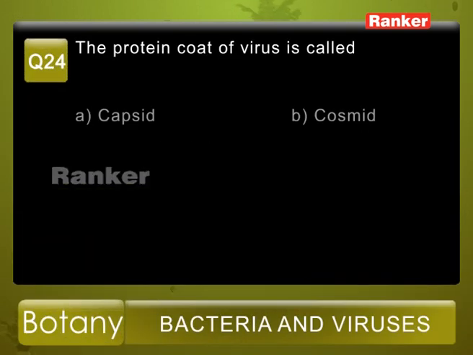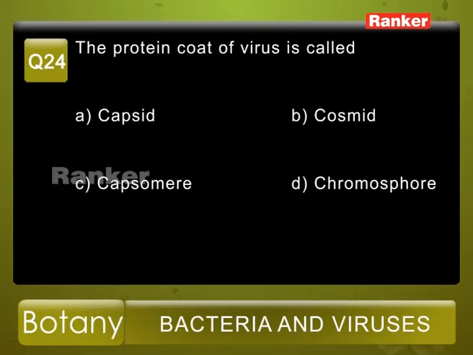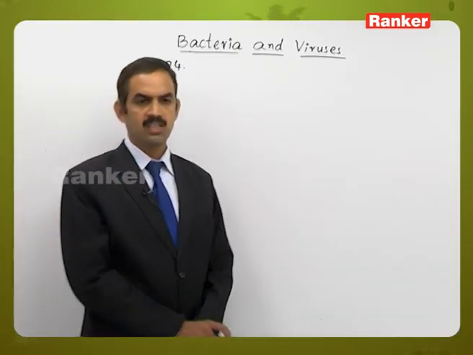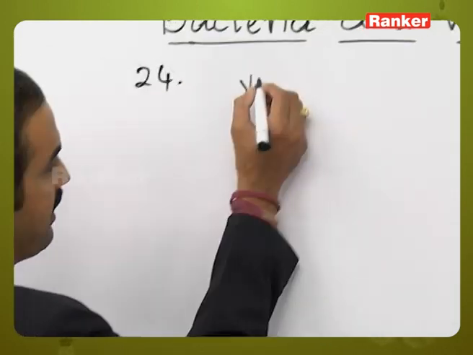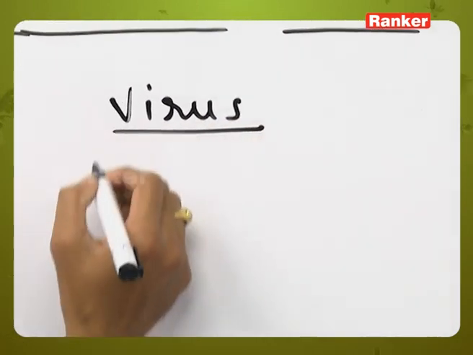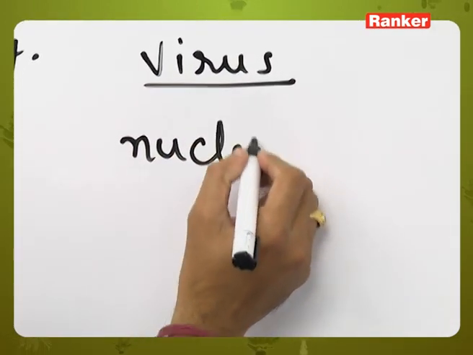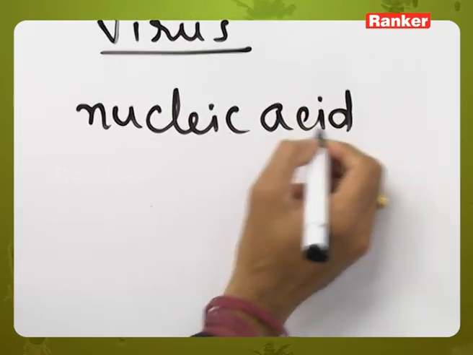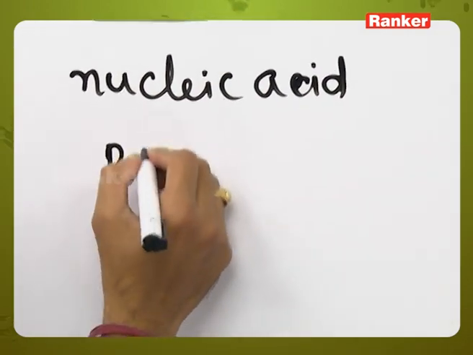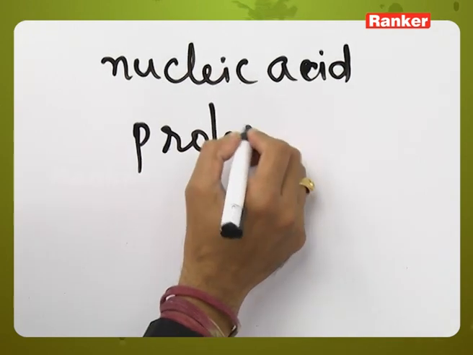Question number 24. The protein coat of virus is called. The given options are A. capsid, B. cosmid, C. capsomere and D. chromosphere. Viruses have two structures. One is the nucleic acid part and the other part is the protein part.